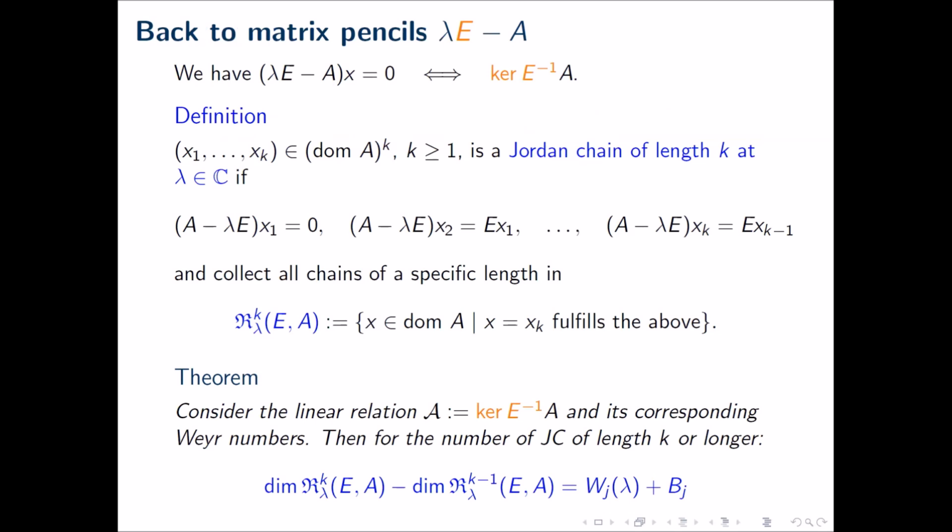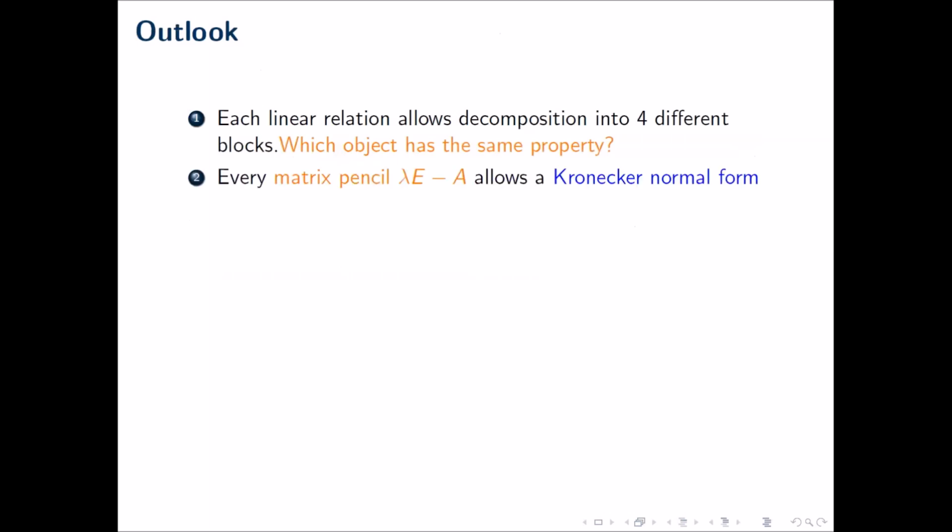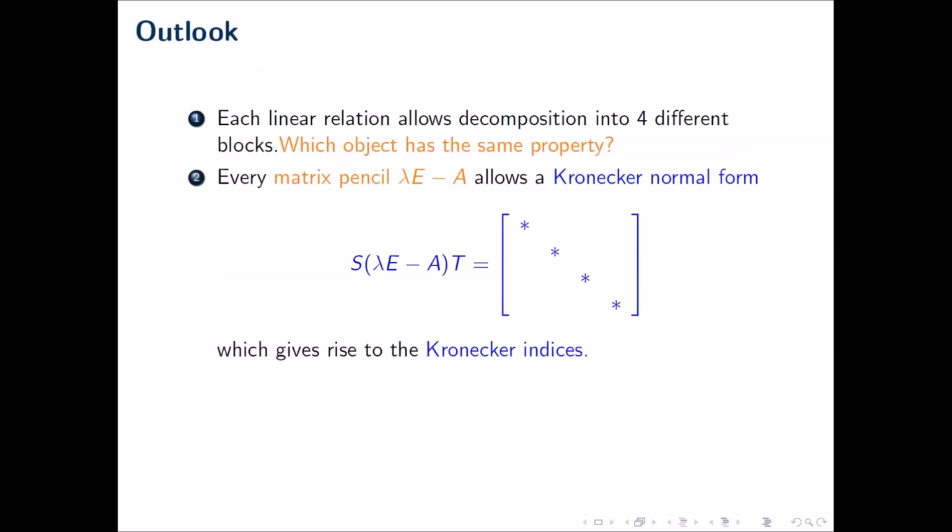This is the canonical form for matrix pencils, which is well established. This Kronecker canonical form comes from Kronecker and is 150 years old, about 1882 or something like this.